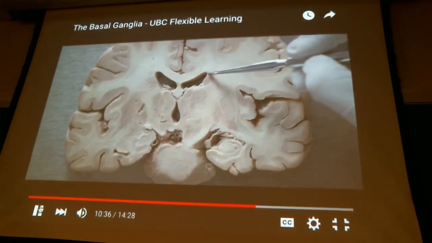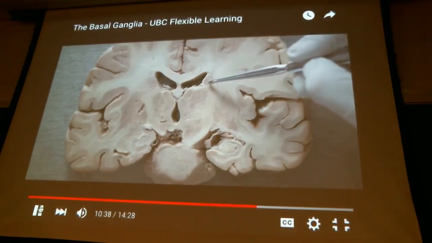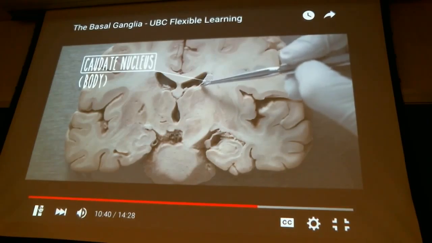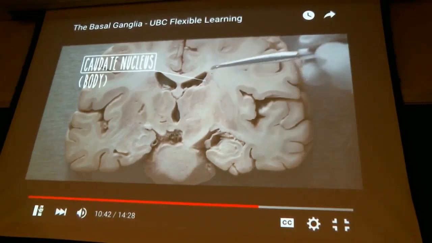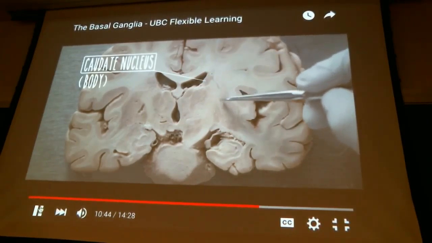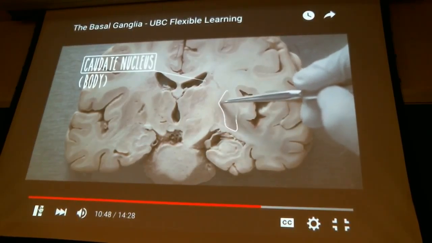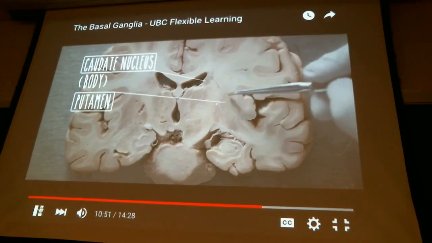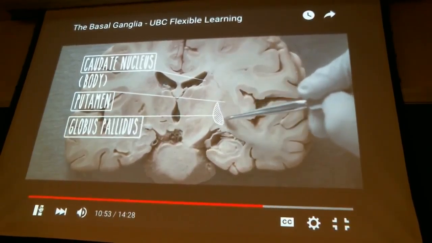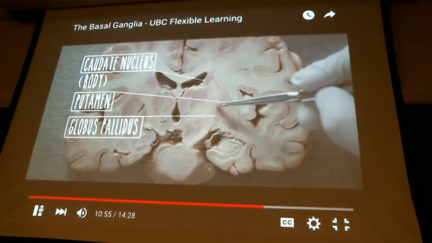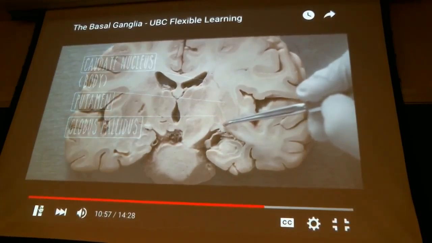Here in the floor of the lateral ventricle is the body of the caudate nucleus. Here, lateral to the internal capsule, is the putamen and globus pallidus with its internal and external parts.